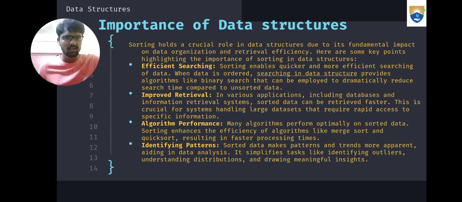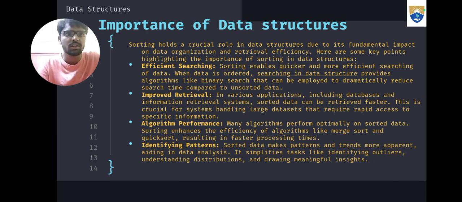See, you can see the uses of data structures. Sorting holds a crucial role in data structures due to its fundamental impact on data organization and retrieval efficiency. Here are some key points highlighting the importance of sorting in data structures.